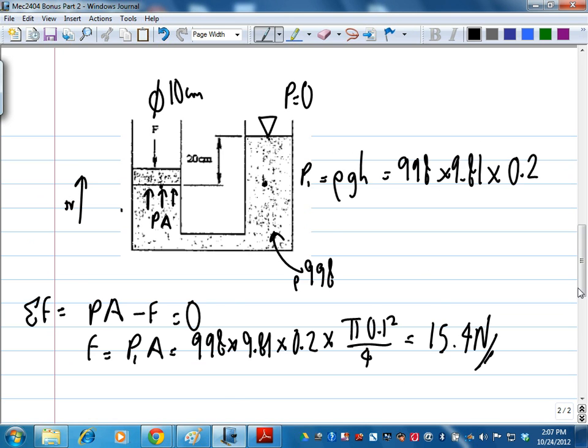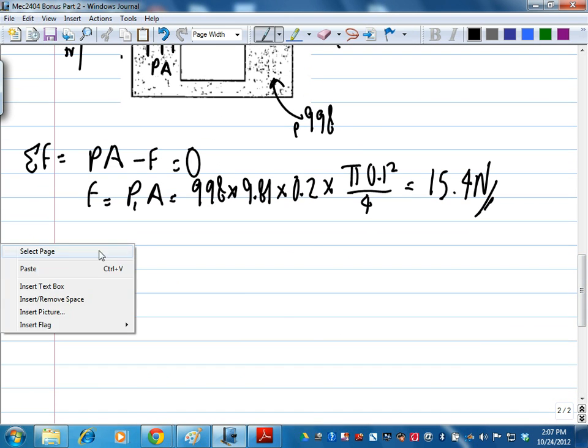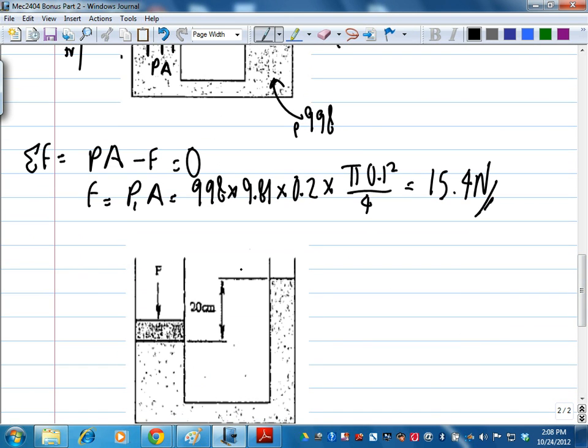No, it doesn't matter. F equals same. So this F only depends on the pressure here, not on the area here.